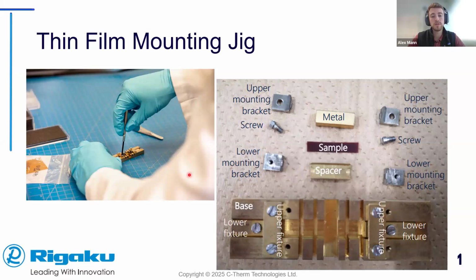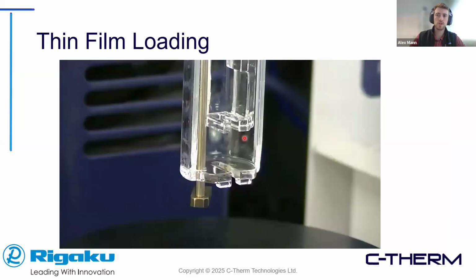What this is used for is to ensure that the sample is flush and that it's the correct length. As you can see here in the sample, there are the mounting brackets that slot into here, and then it is screwed on. This is just a quick video that shows how it's loaded, again using the metal foot against the bottom of the support tube, and then this detection rod for tensile pulling up on the sample.